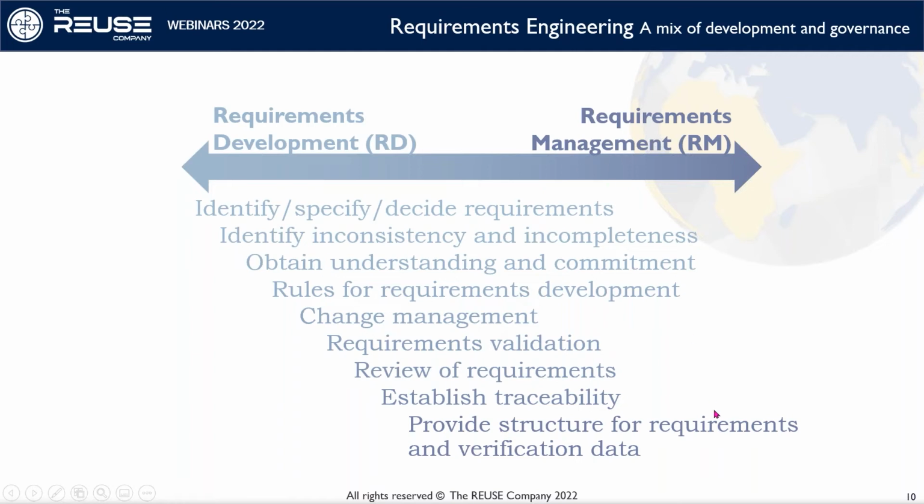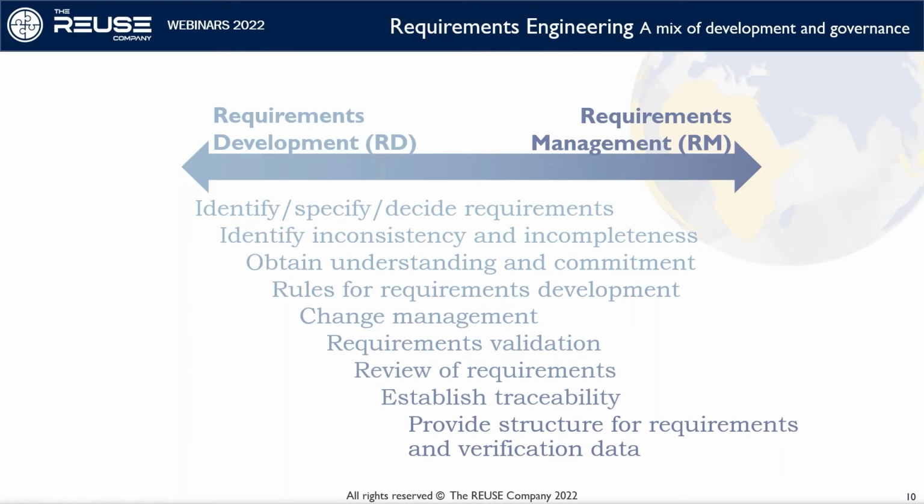And from the management point of view, you're more towards providing structure, establishing and enabling traceability and reviews and all sorts of things here. So there's really no fixed thing, but to keep contents and things in good order over their lifetime is basically the definition here.